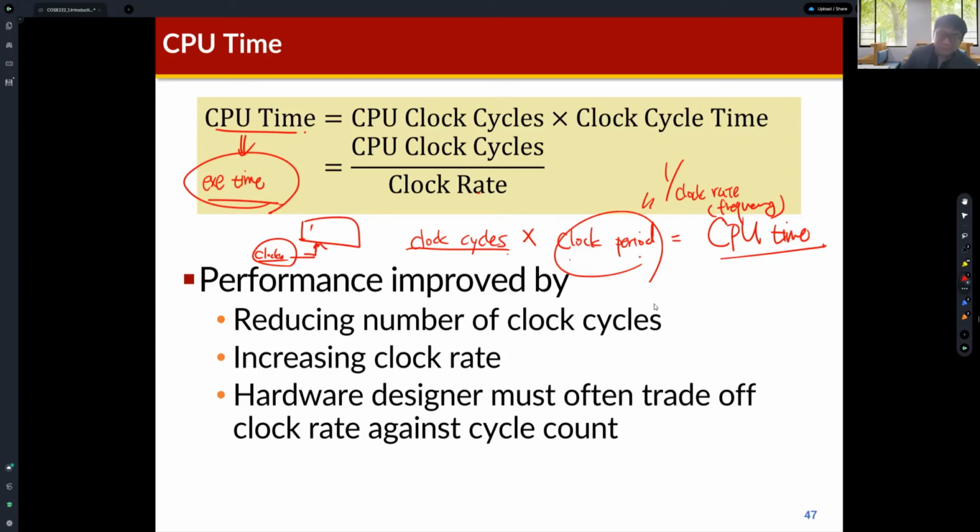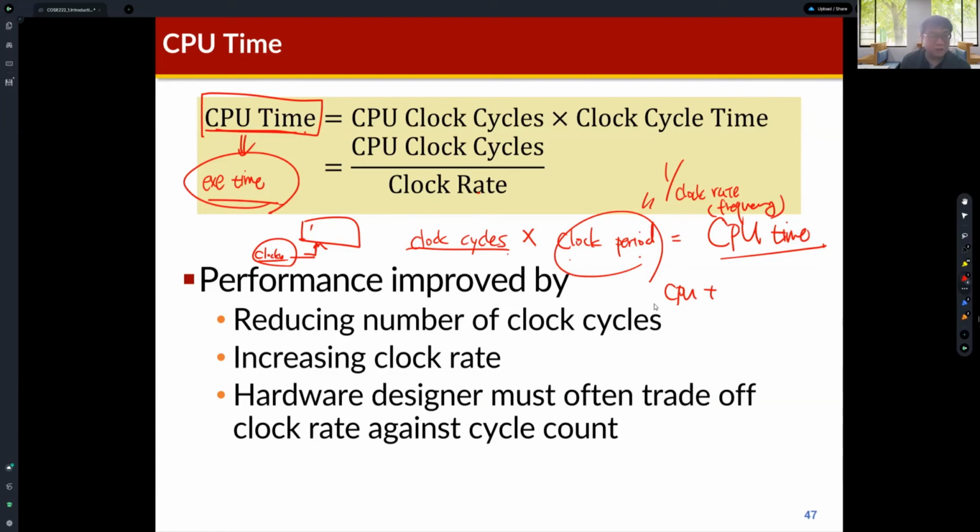So then how can you increase the performance? CPU time is the number of clock cycles divided by clock rate. In order to increase the performance of a CPU, we need to reduce CPU time. How can you reduce CPU time?